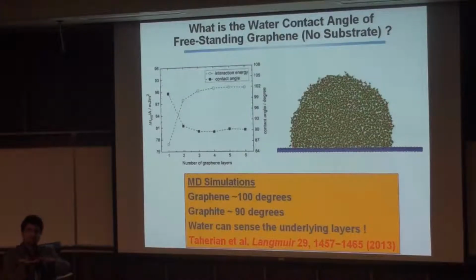It's not just the top graphene layer, because if it was only the top graphene layer that was influencing the contact angle, then the first layer itself should have given you 90 degrees. But the first layer is giving you something much greater than 90 degrees. It takes several additional layers to get this down to 90 degrees. That means water is influenced by the underlying graphene layers. It's not just the topmost layer. The second, the third layer has some influence on the contact angle.